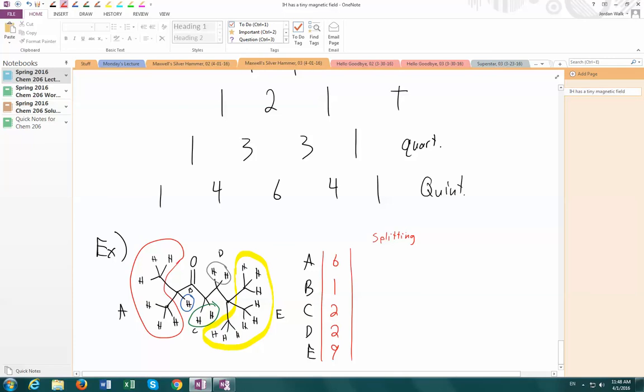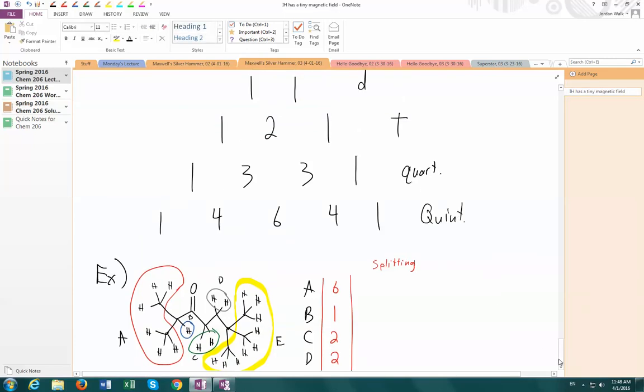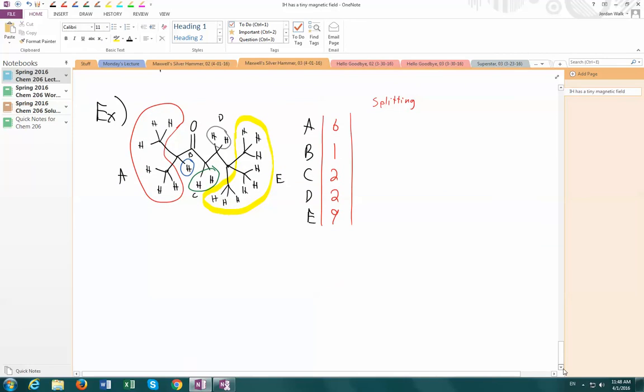How many are there? There's 1. And so here's how we always keep track of how this works. Importantly, we follow the n+1 rule, where n equals the number of protons on a directly neighboring carbon.